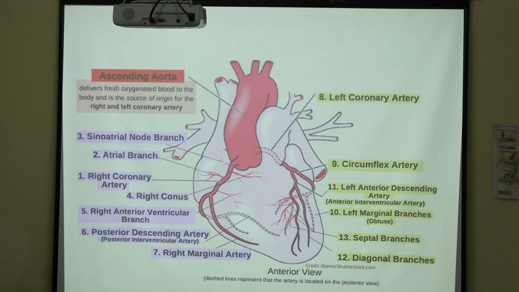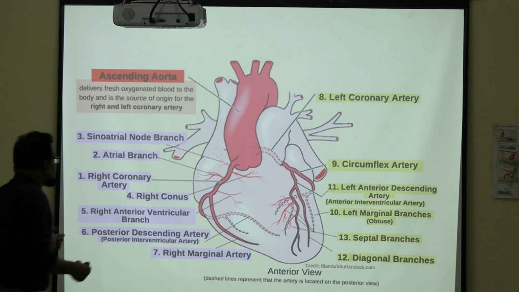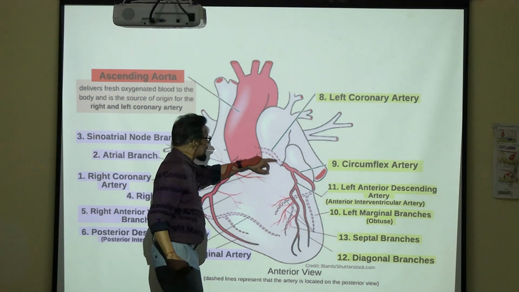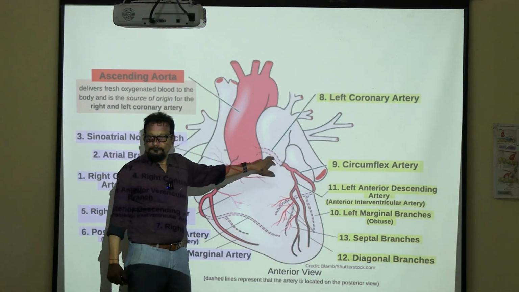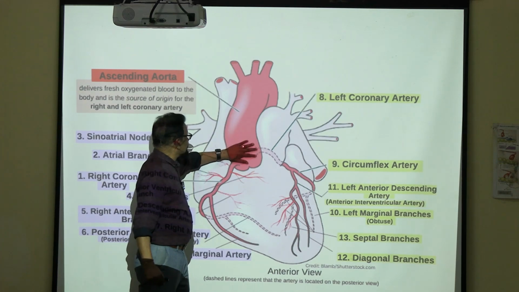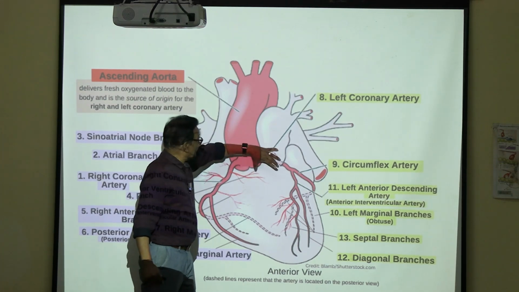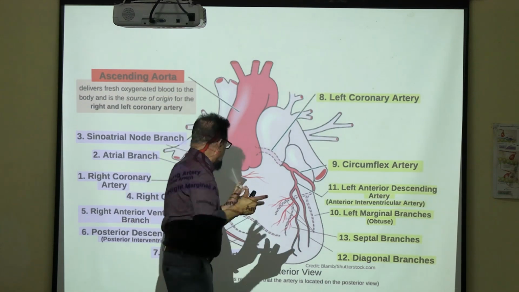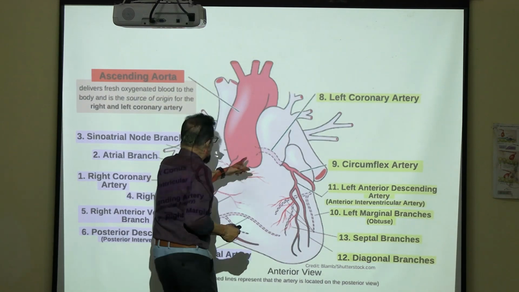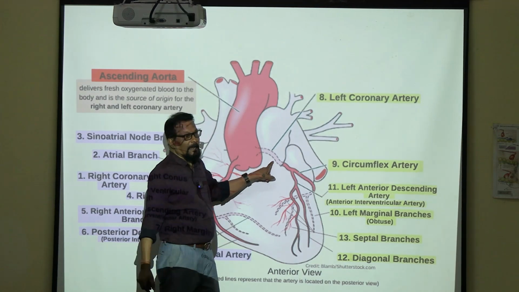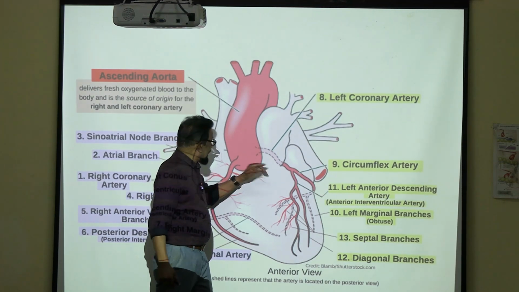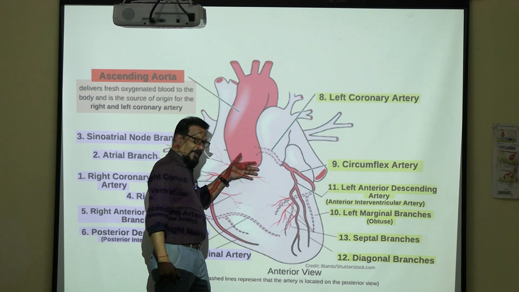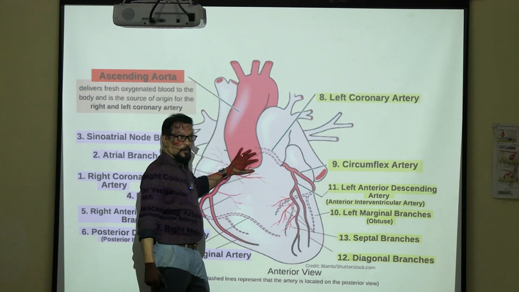Now see the left coronary artery. Why is this part dotted? This is the aorta, and if you look from the anterior side, the first vessel you will find is the pulmonary artery, and behind this we will find the aorta.